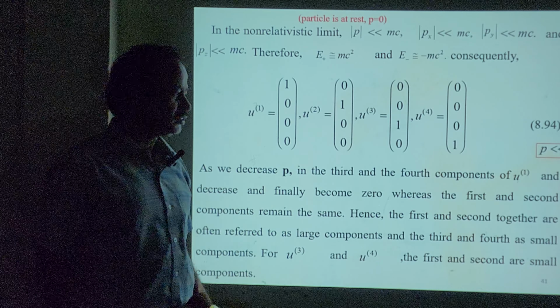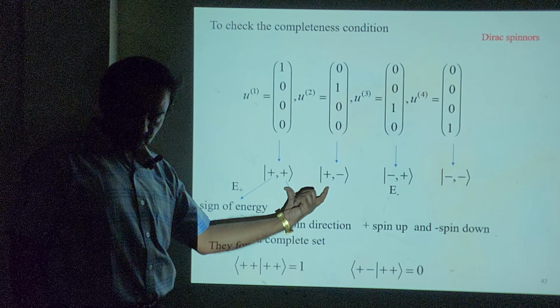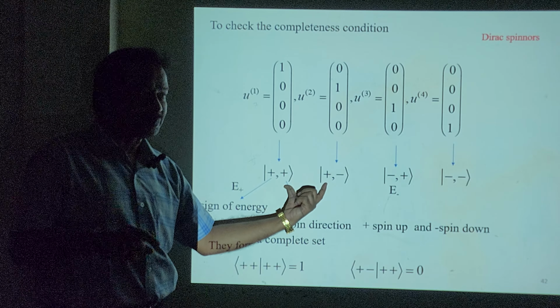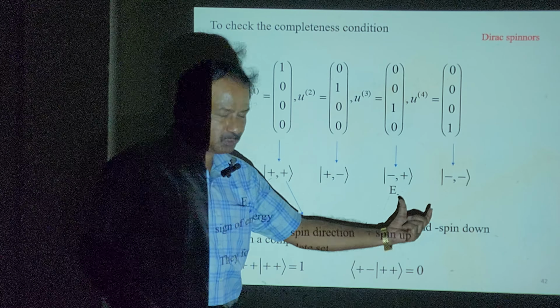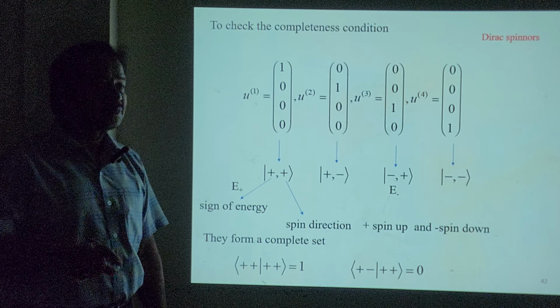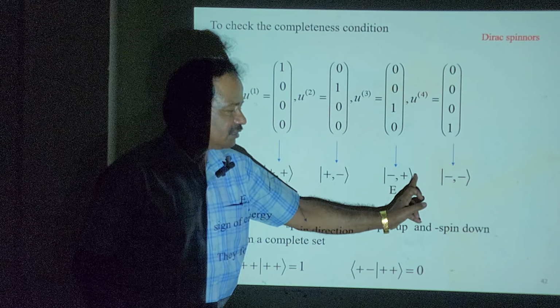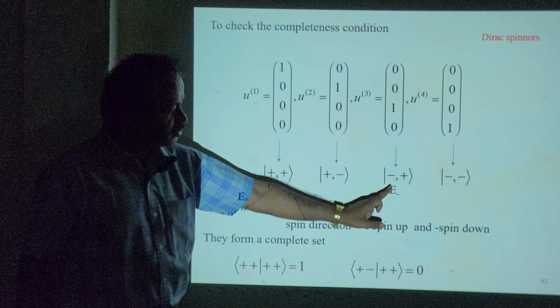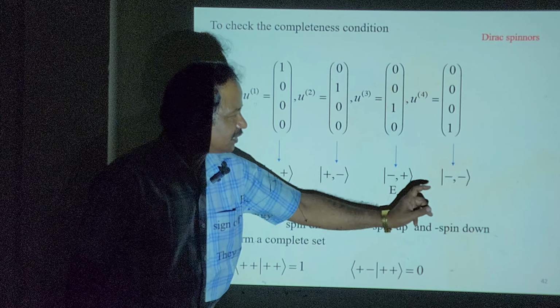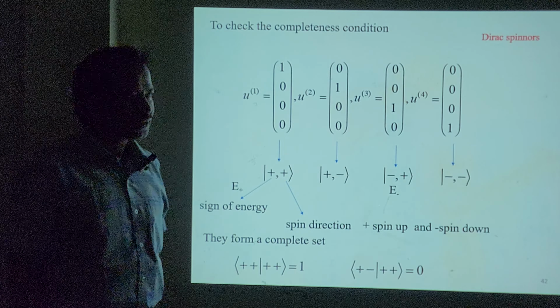The second one represents the spin direction, spin up and spin down. So these two ket vectors represent E plus, and these two ket vectors are for E minus, since the first component is minus. One is for spin up and the other for spin down.